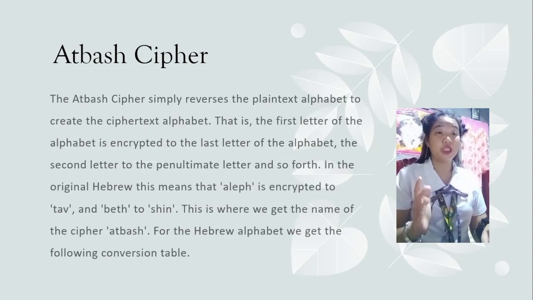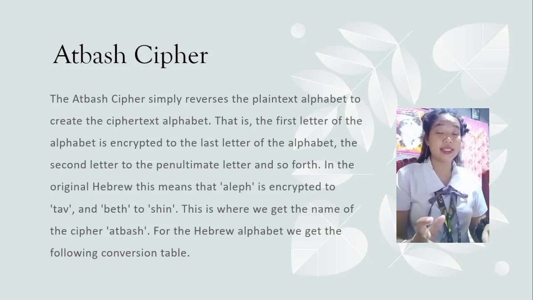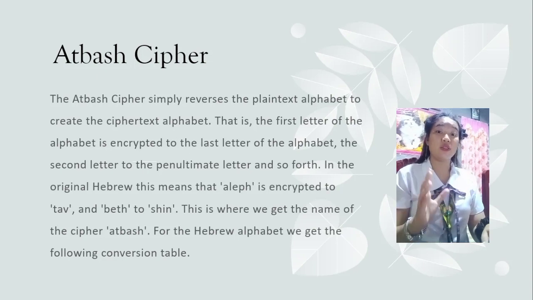The Atbash cipher simply reverses the plain text alphabet to create the ciphertext alphabet. That is, the first letter of the alphabet is encrypted to the last letter of the alphabet, the second letter to the penultimate letter, and so forth. In the original Hebrew, this means that Aleph is encrypted to the Tav and Bet to Shin.